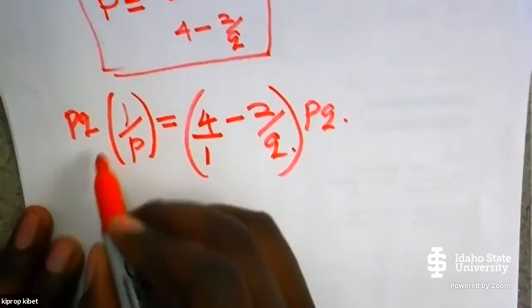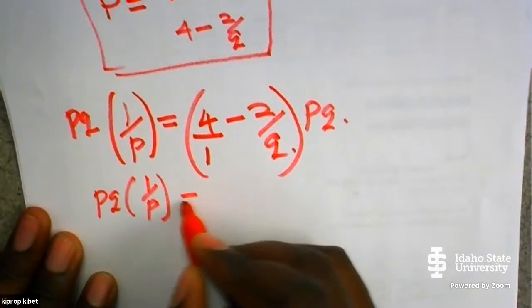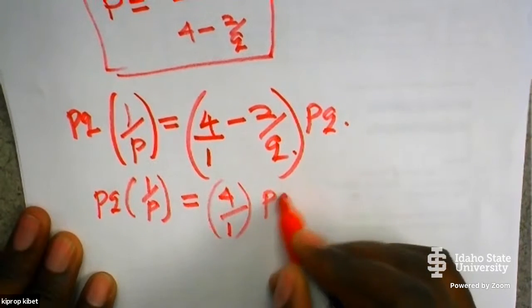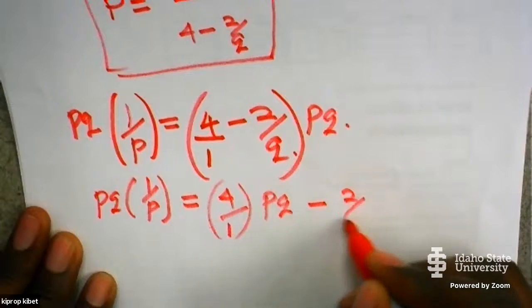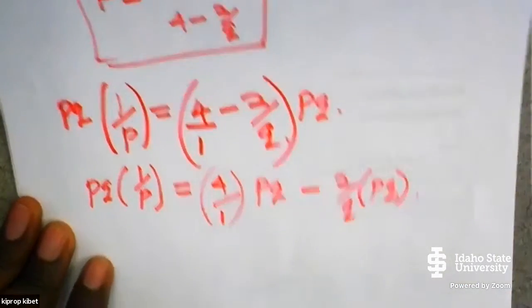So PQ multiplied by 1 over p is similar to 4 over 1 multiplied by p cubed minus 2 all over q multiplied by p cubed. Okay.